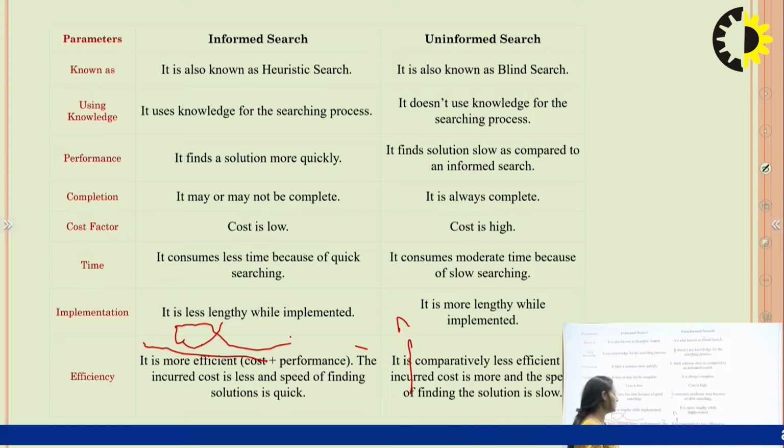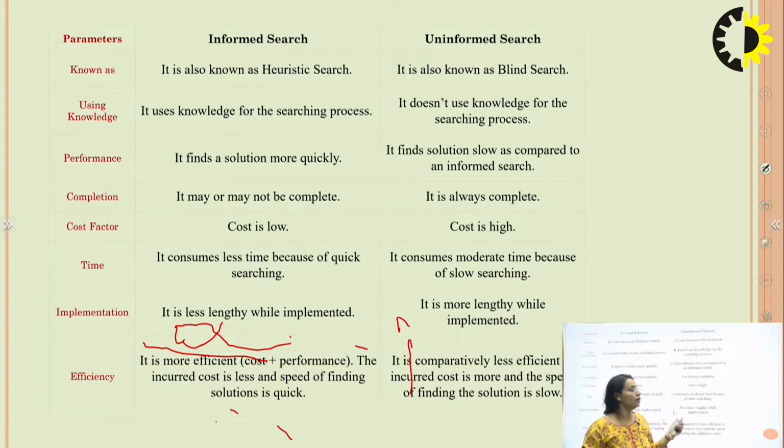Efficiency is calculated in terms of cost as well as performance. When performance is quicker, speed is higher and cost is low, the efficiency of this algorithm is considered to be more in comparison to uninformed searches.